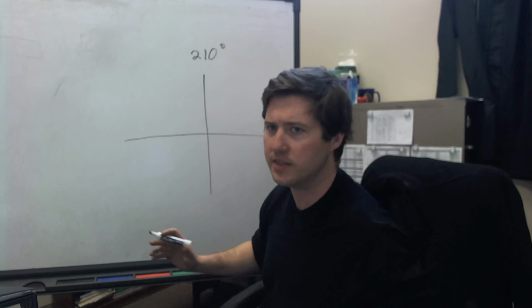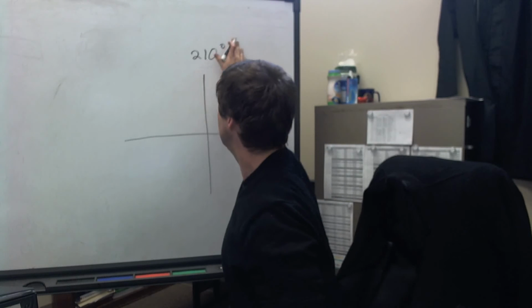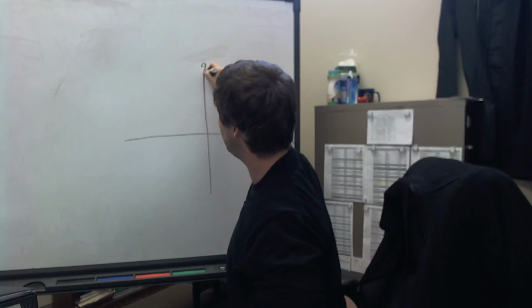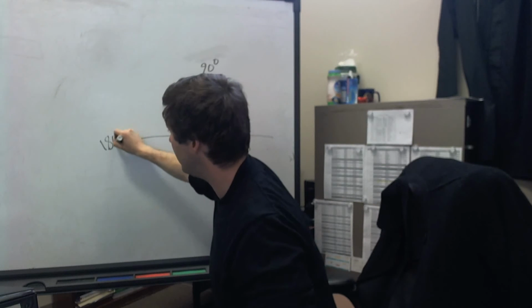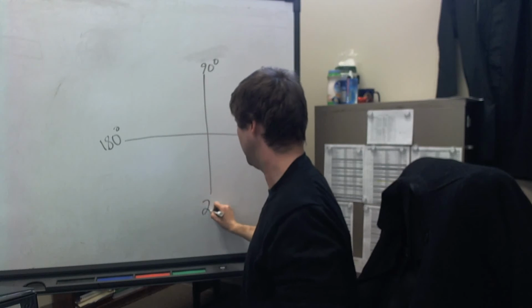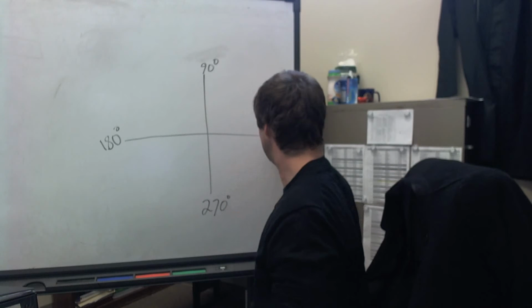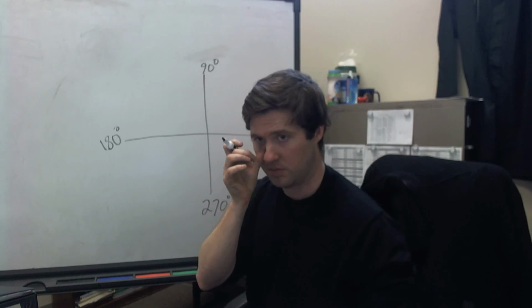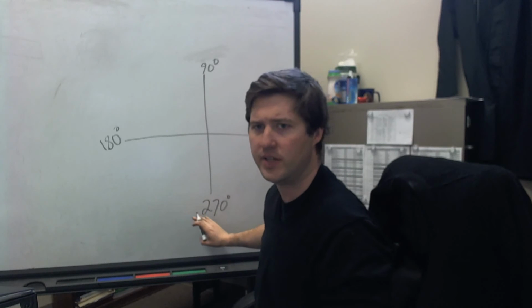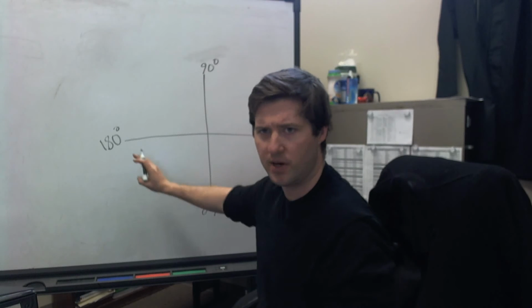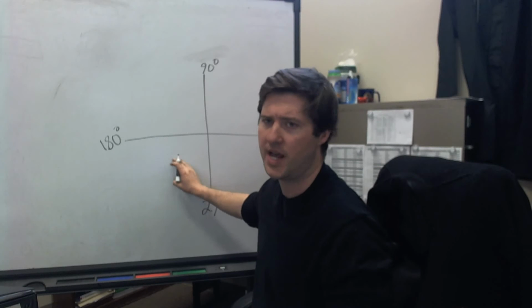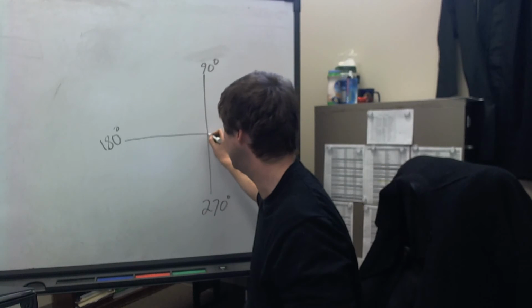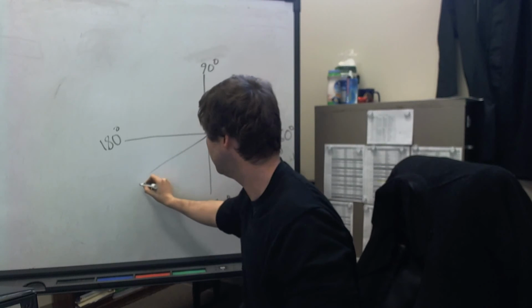I've got a pretty good idea where that is, since this is 90 degrees, this is 180, this is 270, this is 360, and hopefully you're familiar with that by now. So 270 is too big, 180 is too small. Our 210 has to be in here somewhere, so I'll just draw it someplace.